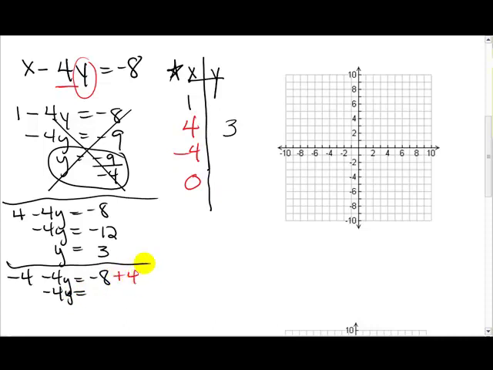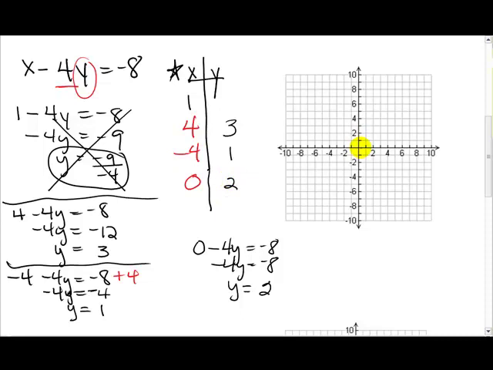So +4. Now the signs are different. We subtract. 8 minus 4 is 4. Negative. Divide by the -4. And y is going to equal 1. If we use 0 for x, divide by the -4, and y is going to equal 2.